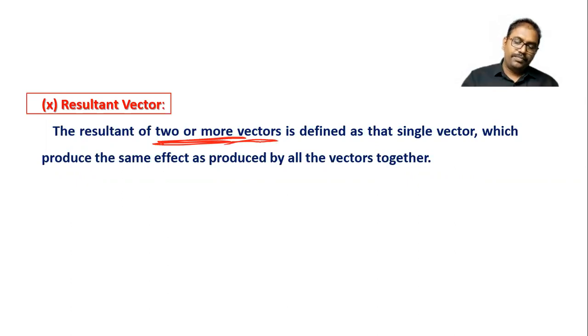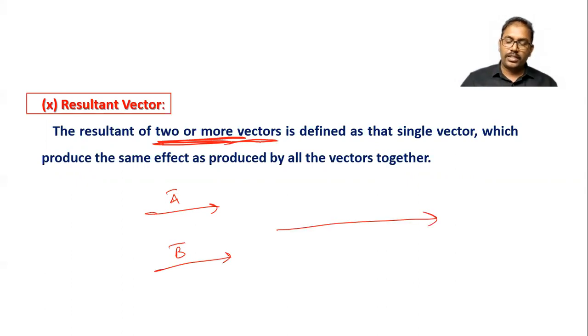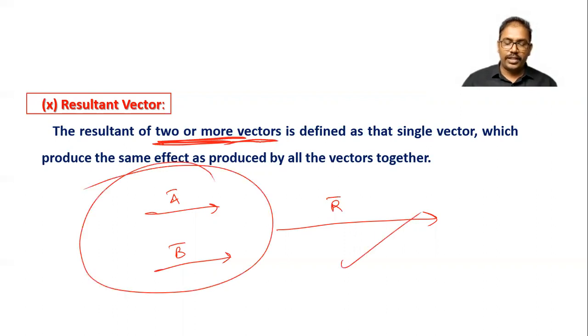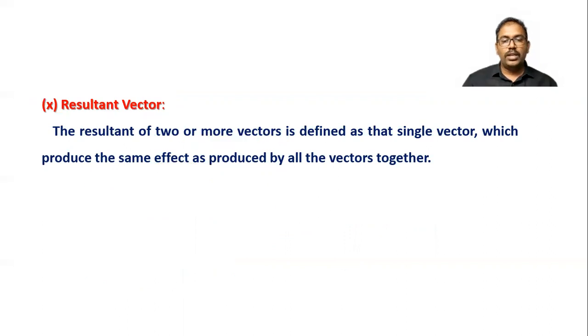If I consider this first vector A bar and this B bar, when the result of these two comes as a single vector, this R bar, then this R bar is called the resultant vector of these two vectors A and B. So you can remember, when two or more vectors result into a single vector which produces the same effect as produced by all the vectors, it is the resultant vector.